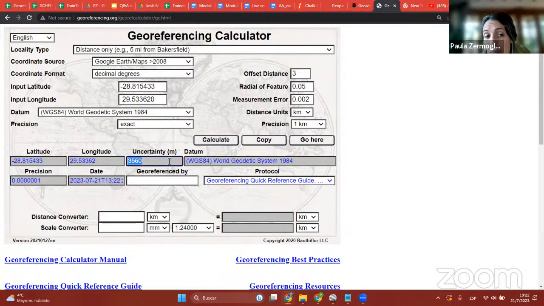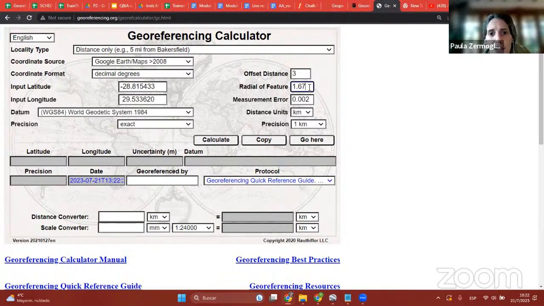However, we don't go down that much. We're going down like 20% in the first case, and even less as we go down. The original was 1.67. So the radial of the feature does contribute to the uncertainty.